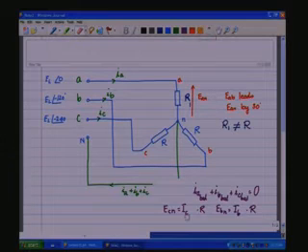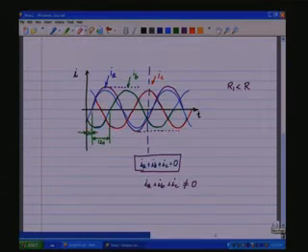Now, this means that IC into R is different from what was the voltage across it under balance condition, and so also IB into R. This means that the voltage across the C phase and the B phase will get modified. So, if you have harmonics in A due to some load impedance change there, then that harmonics will also get reflected on the other two phases. So, there will be distortion in the other two phases.